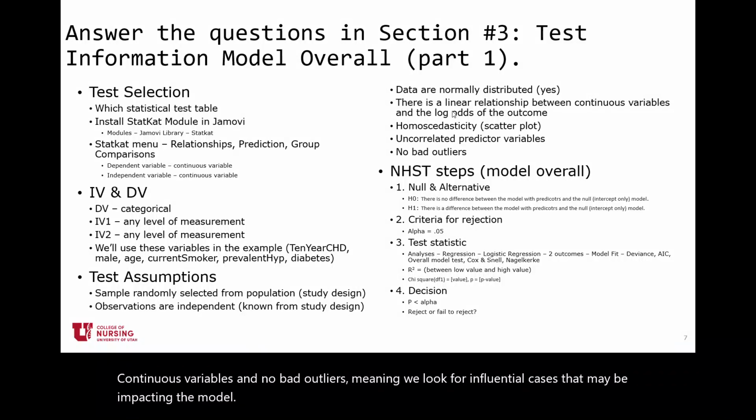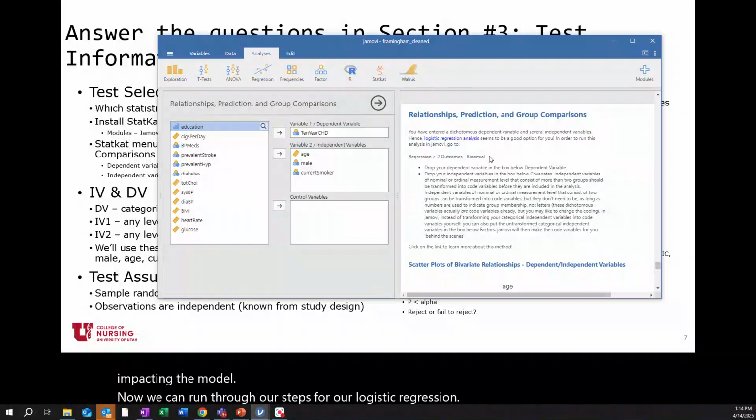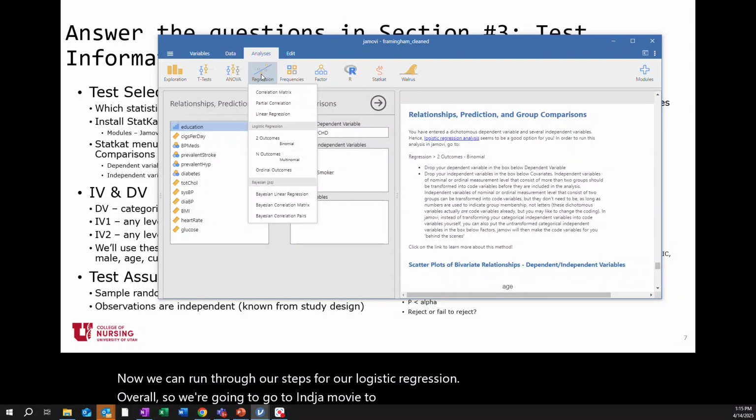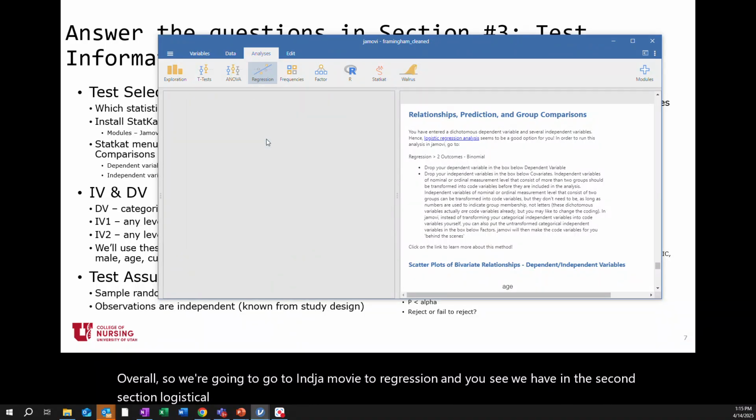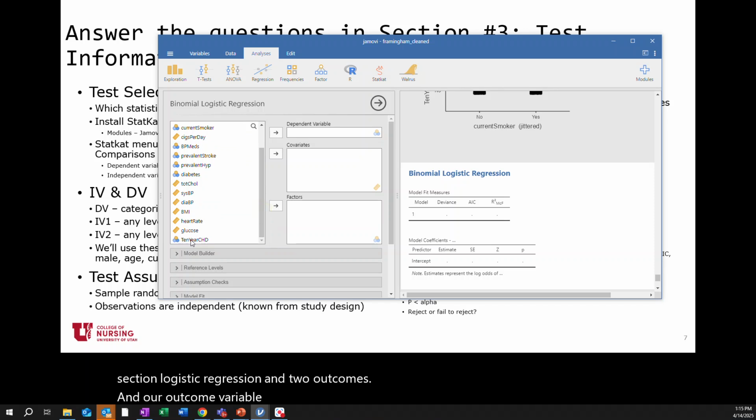Now we can run through our steps for our logistic regression overall. So we're going to go in Jamovi to regression, and you see we have in the second section logistic regression and two outcomes. And our outcome variable is 10-year CHD.